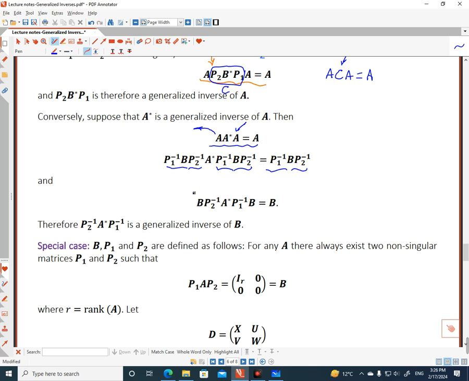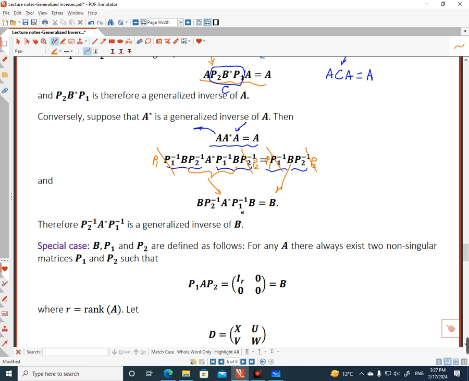Then once again we pre-multiply the left-hand side by P1, and post-multiply the right-hand side by P2, and these two vanish, so I will get B, and here these two vanish, and I will get the rest, which is here.